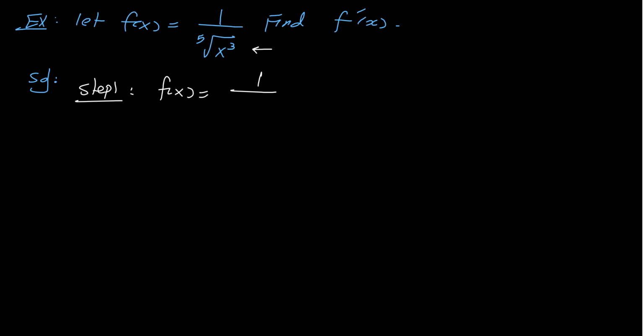We can write the fifth root of x cubed as x to the power 3 over 5. And then we bring this up as x to the power negative 3 over 5. Now we can apply the power rule.